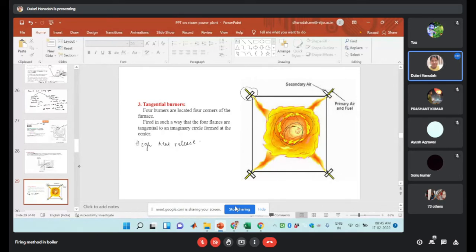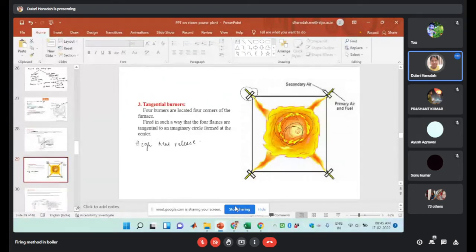This arrangement can be used for liquid fuel also, and you can use gaseous fuel too. So liquid, gaseous, and pulverized fuels can be readily used in this type of burner. So this is about your tangential burner.